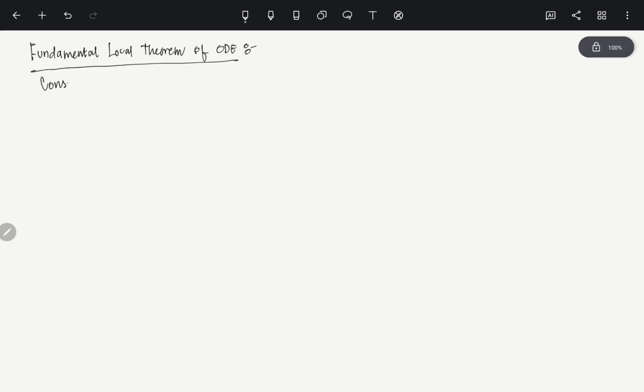So consider the initial value problem. And what is the initial value problem? x prime equals f of x, x at the point 0 is x naught, which is in Rn. So basically we are looking for an n cross n system.